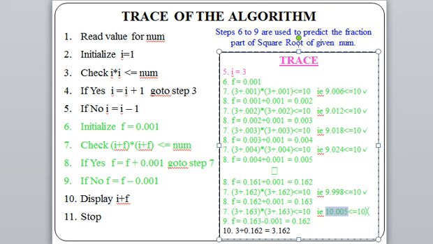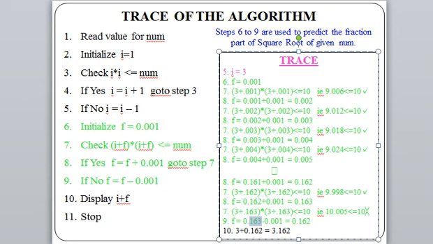So the condition is false. When the condition is false, what was that f value? It was 0.163, and we have to reduce it by 0.001, because this is in the last step. The fractional part we considered, 0.163, is bigger than the required fractional part for 10.